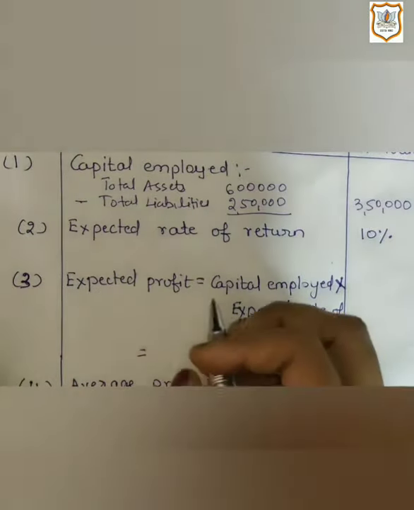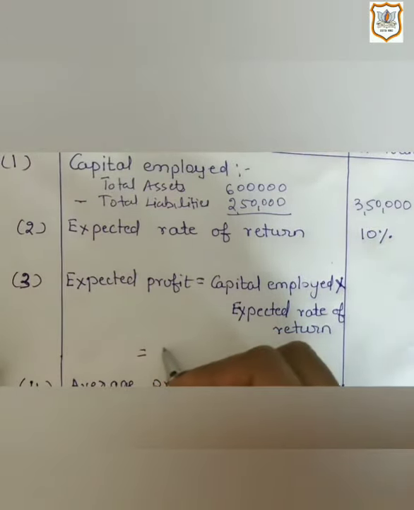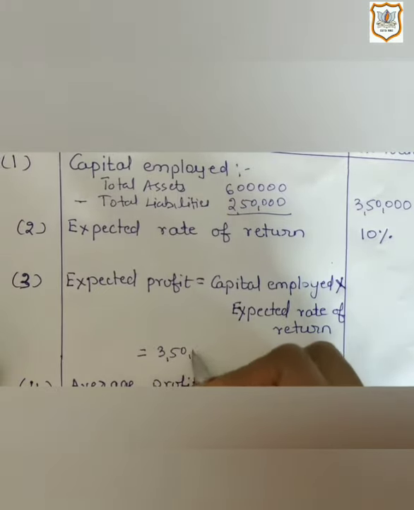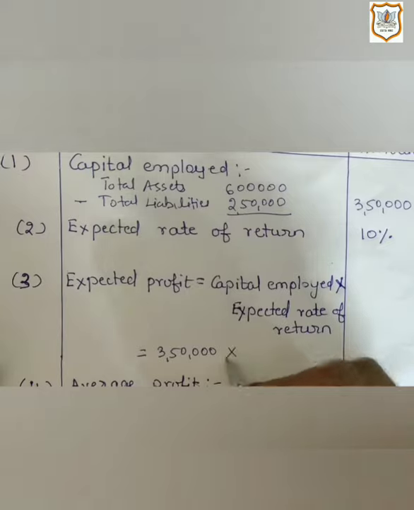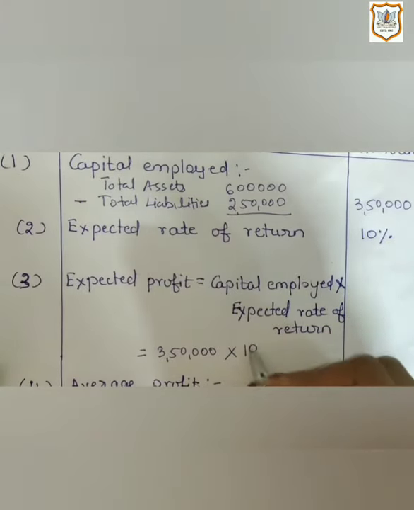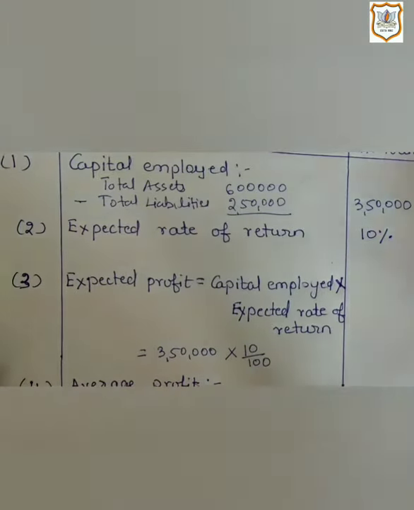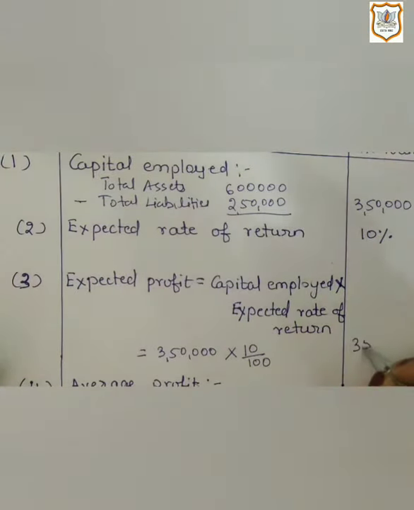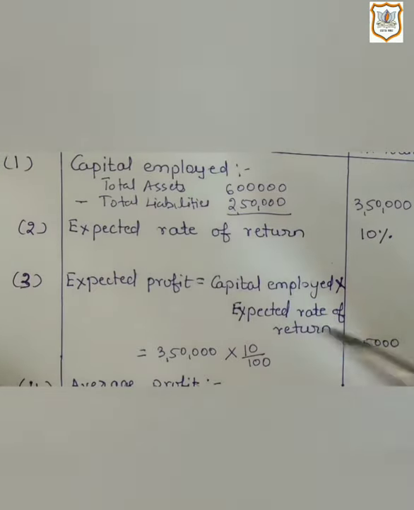So we have capital employed, which we just found out, 3,50,000 multiplied by expected rate of return is 10%. So multiply by 10%. In this way, we will get 35,000, which is expected profit.